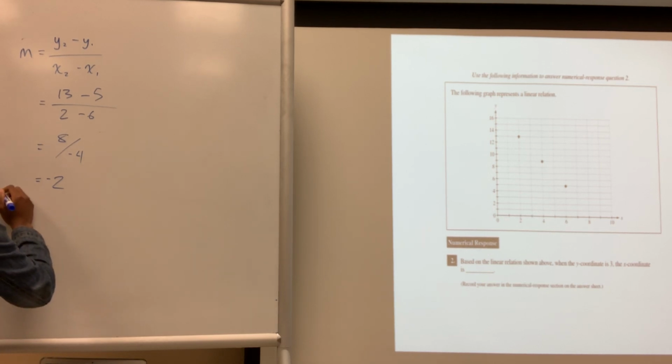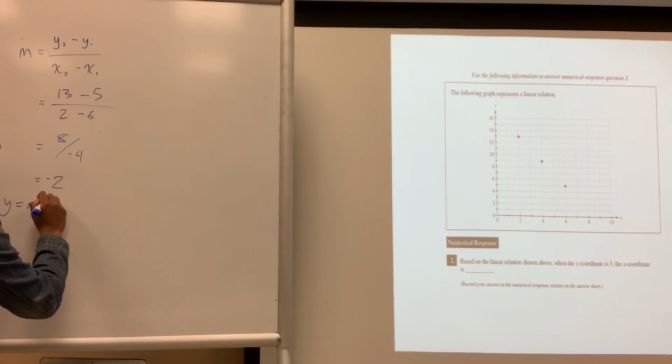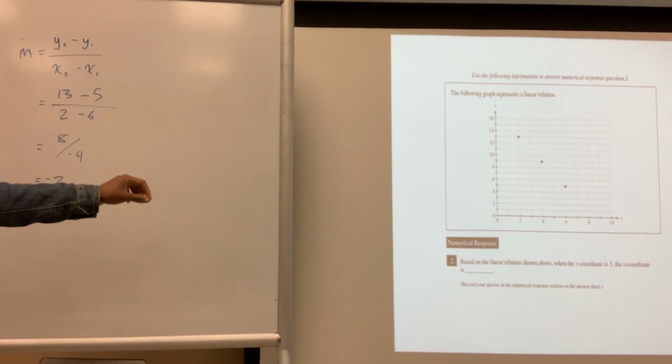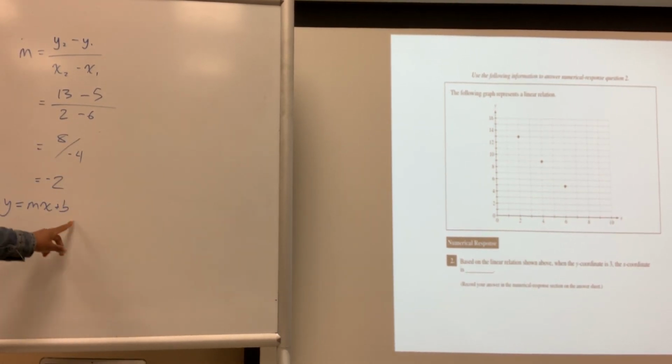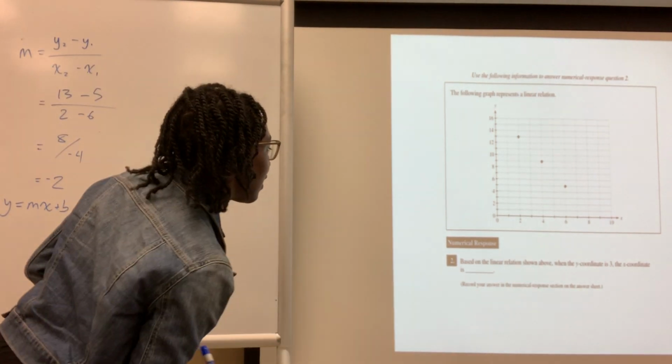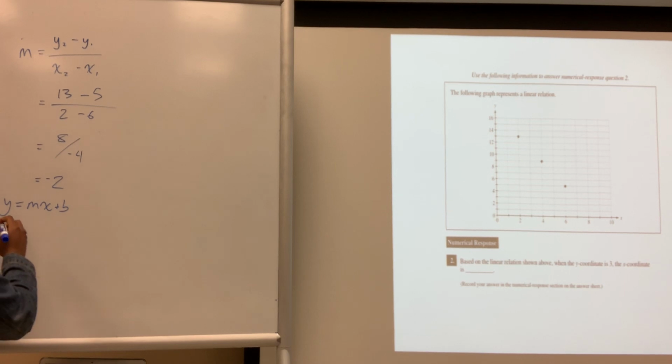So we have m, and from here we can calculate using the form y equals mx plus b. We know m is equal to -2, so using one of the points on the graph, we can solve for b. I'll just use the smallest one, coordinate 6, 5.